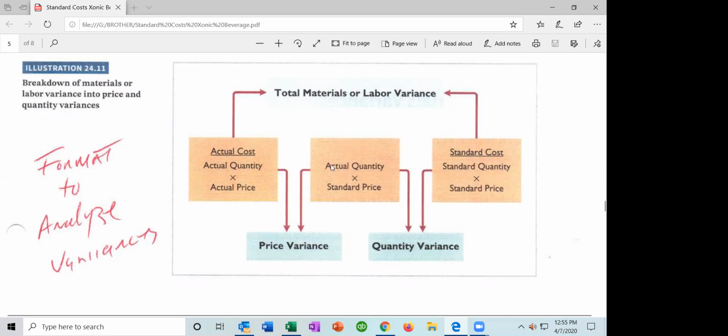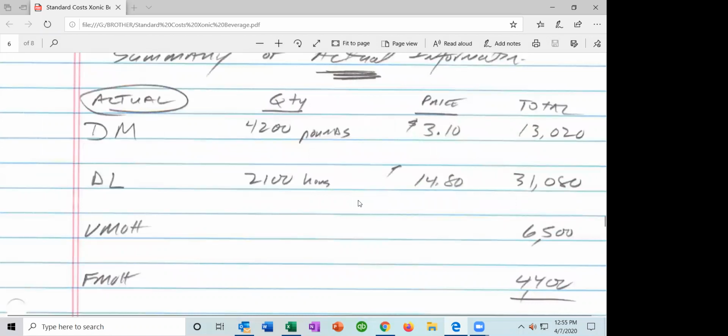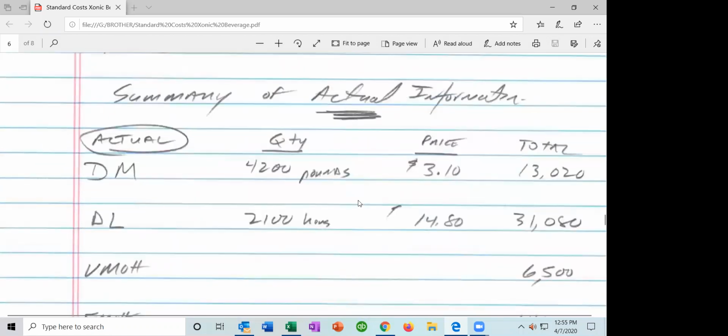The difference between the actual and the standard is going to be called the spending variance or the overall variance. But we want to get even more specific and find out what happened. So we're going to break down these variances between a price variance and a quantity variance. That's where this middle column comes into play, where we have actual quantity times actual price. It's the format we're going to use for many of these variances. This worksheet here is simply a comparison.